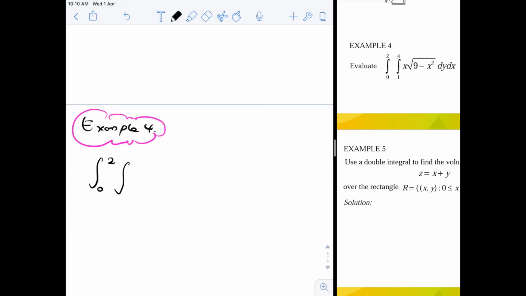Integration from 0 until 2, 1 until 4, x square root of 9 minus x squared dy dx.